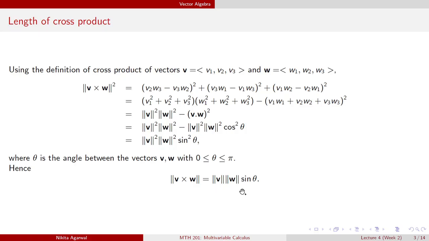So there is no problem, because the length of a vector has to be a non-negative number. It cannot be negative, and here sine theta is positive, and norm of v and norm of w are also positive. So this is the length of the cross product.